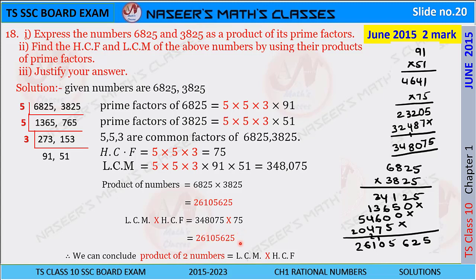Then we get this product as 26105625. Here, by observing the above, the product of the two numbers is also equal to the product of LCM and HCF. Therefore, we can conclude that the product of any two numbers is equal to the product of their LCM and HCF.